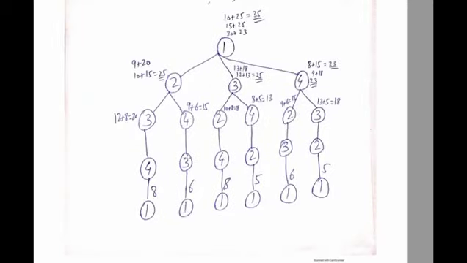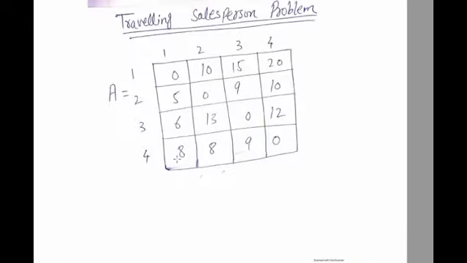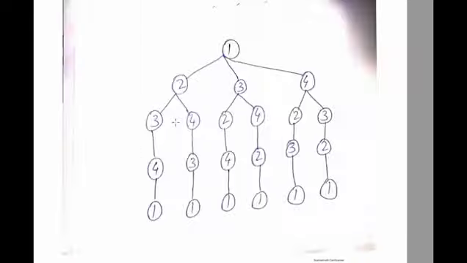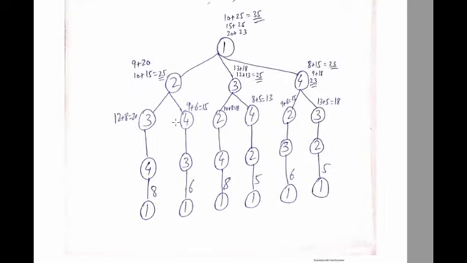Then we will go to the next route. If he is at 3, what is the distance from 3 to 1? You can see that 3 to 1 is 6, so we have written 6 over here. Then we will go to the next vertex, that is 4. If the salesperson is at the vertex 4, then what is the distance from 4 to 1? That is 8, so we'll write 8 here.